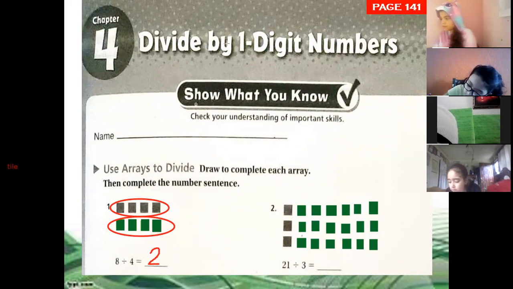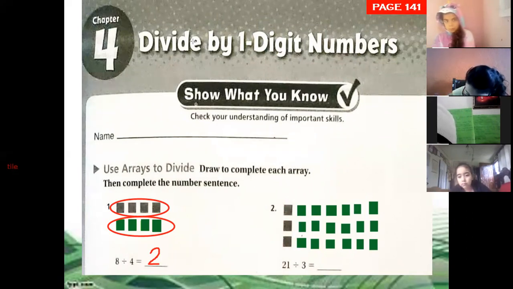Okay. Now we have to make groups. We have to make groups of 3. In each group, I need 3 tiles. So I have a group of 3 here. Like that, right?